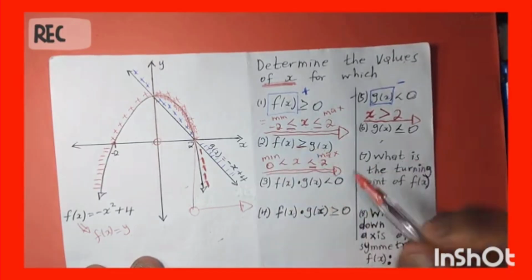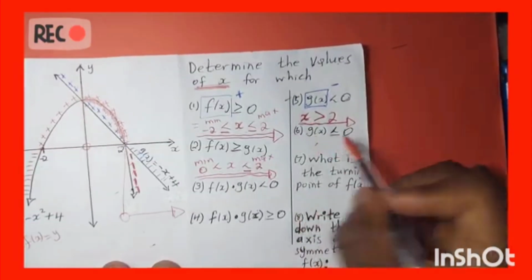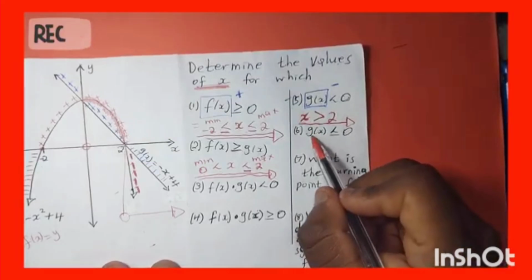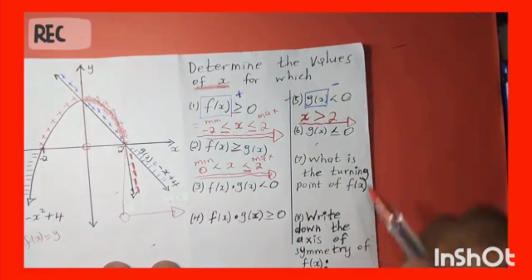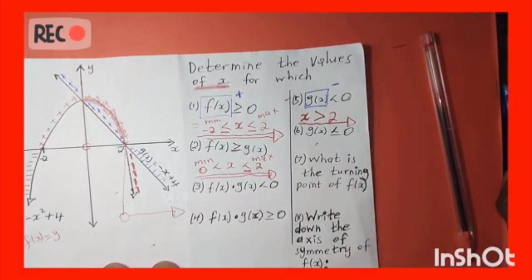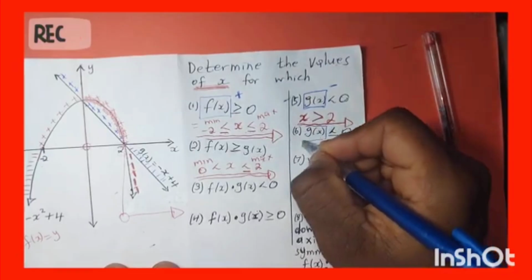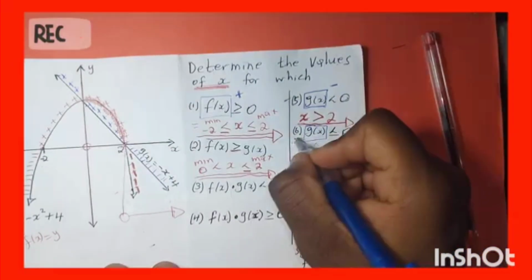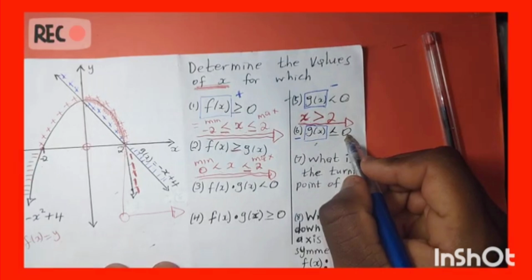Do you see? Yeah. So let me also answer this one, which says that g of x is less than 0. Something that is less than 0, guys, I told you, it means this thing is negative, because it is less than 0.